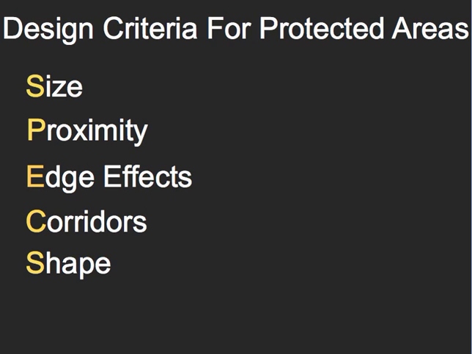So size is an important criteria. The bigger, the more biodiversity, the more mixing within the population. But in many cases, fragmentation is unavoidable due to the challenges of managing protection of the environment with human development.